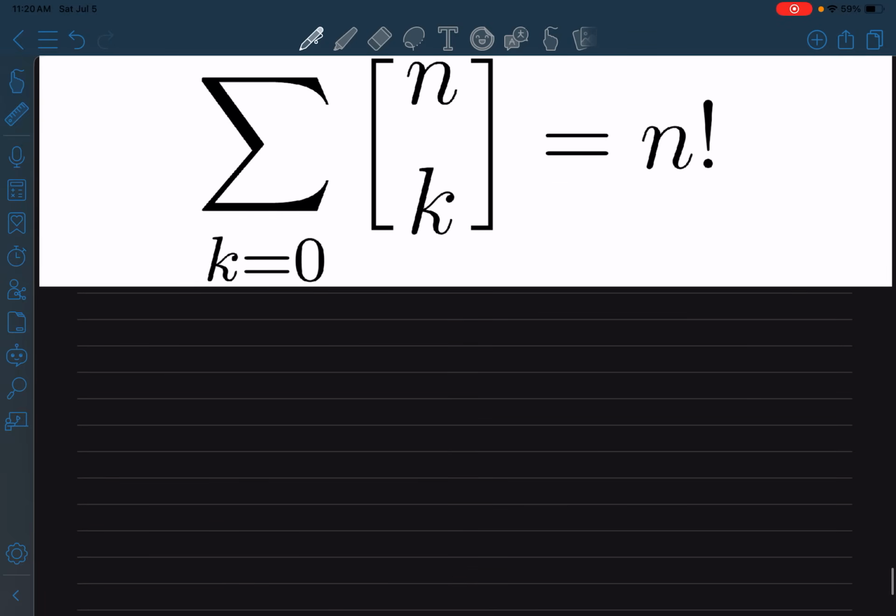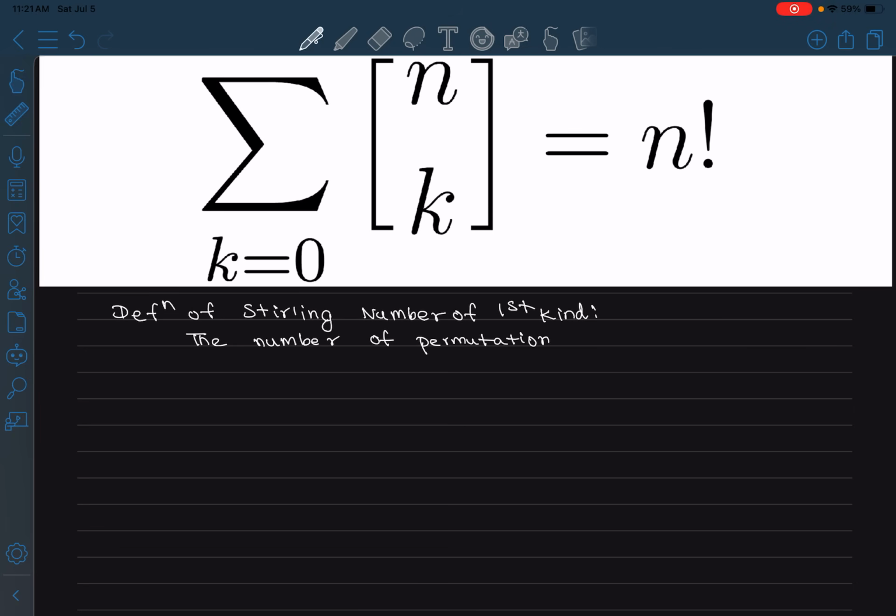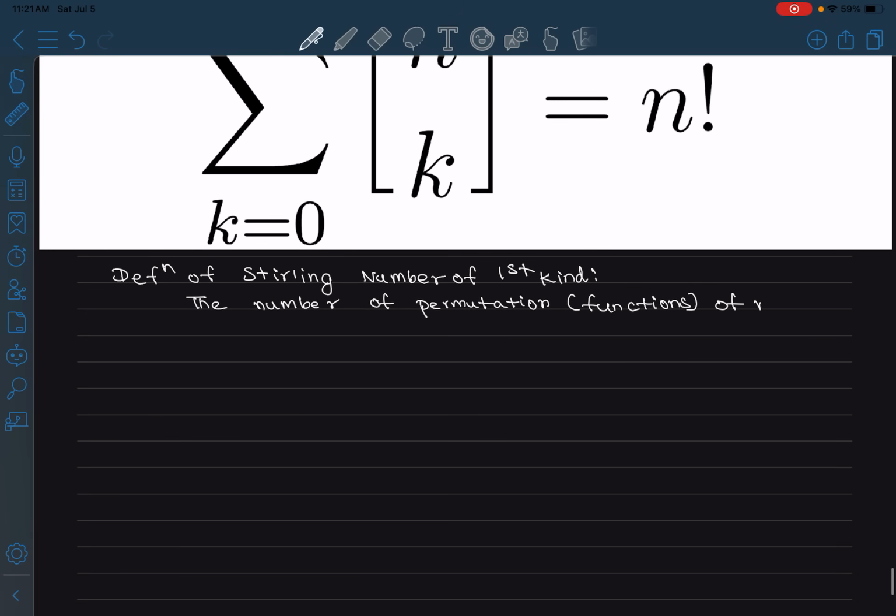Okay, let me go with the definition of the Stirling number of first kind, right? Stirling number of first kind is defined like this. The number of permutations, or as I would like to say, permutation functions, I will tell why later on, of n labeled elements.